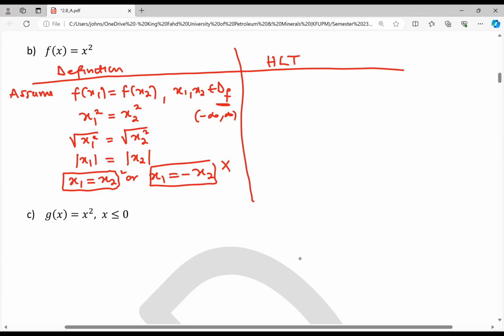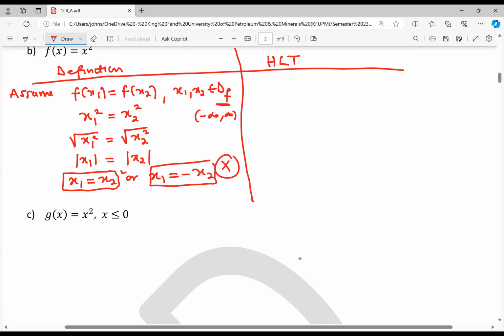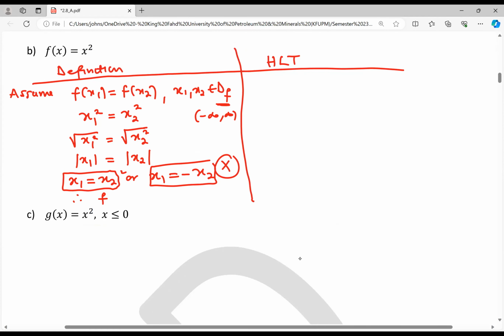So if we assume that the images are the same, it means the y values are equal, but that does not necessarily mean that the x values will be equal, because we have this situation here. So our conclusion will be f is not one-to-one.